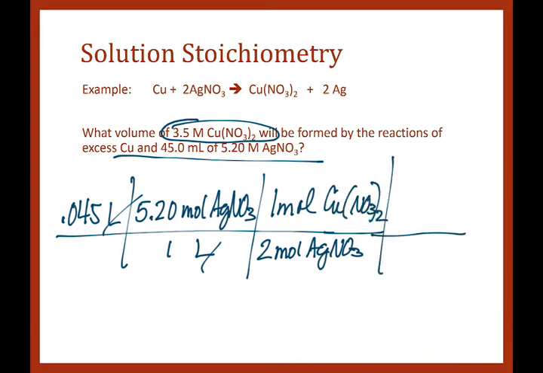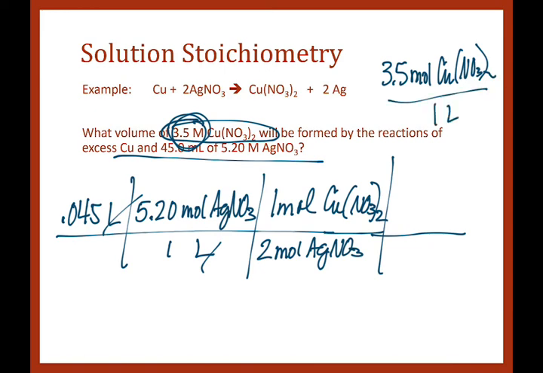Okay, so I want to know volume here. So basically I need to get rid of moles. So the only thing I have left to me is this 3.5 moles of copper 2 nitrate per 1 liter of solution. So I'm going to put that on the bottom so I can get rid of it. 3.5 moles of copper 2 nitrate and 1 liter.